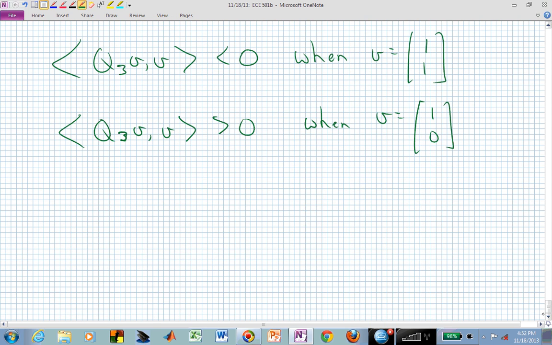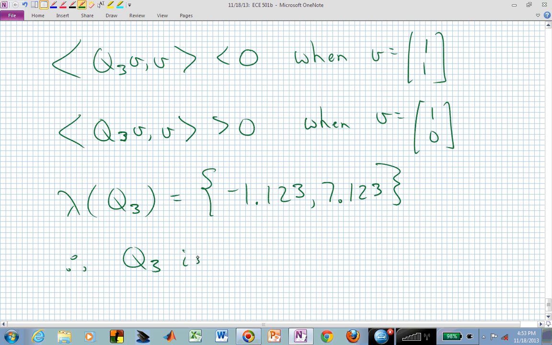And if I actually looked at the eigenvalues of Q sub 3, I would see that one was negative, minus 1.123, and the other one is positive 7.123. So there's a Q sub 3 that's not positive.